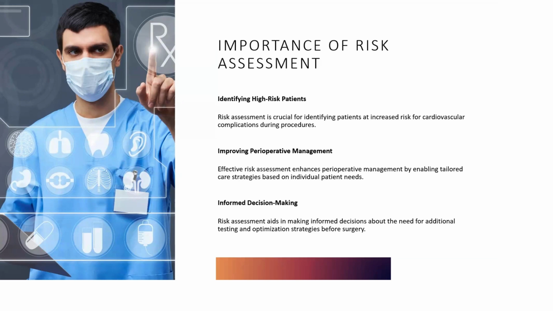So identifying the patients who are at high risk, making recommendations for perioperative management of patients, and always including the patient in the decision-making process, especially if we know the patient is at intermediate to high risk for the procedure.